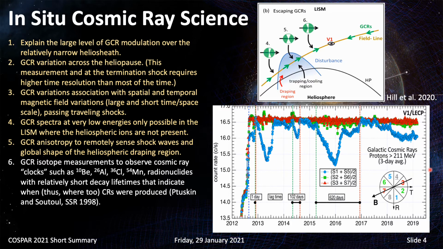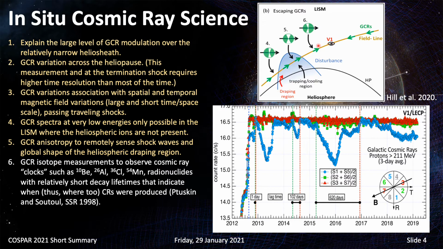In the Hill 2020 paper, we talk about how these anisotropies could result from a disturbance that leaves the heliosphere in the draping region. Galactic cosmic rays enter this trapping cooling region behind the shock, and there's a preferential decrease in intensities perpendicular to the field, and when they escape and flow towards Voyager 1, this anisotropy imprint is retained.